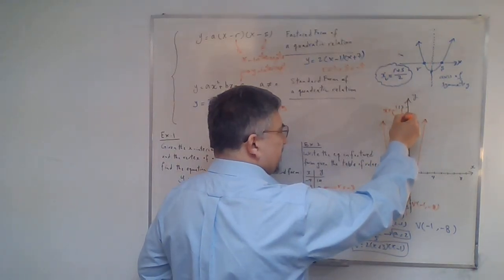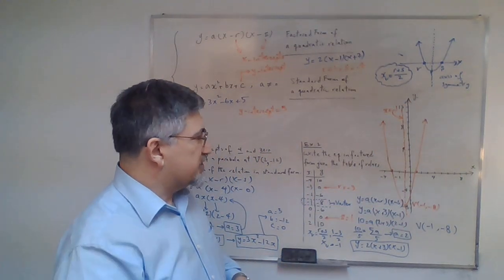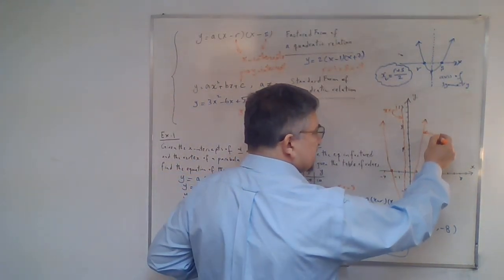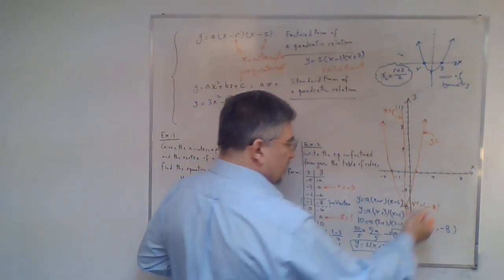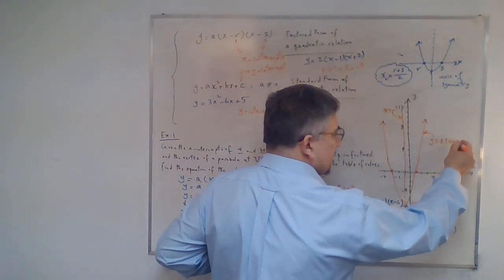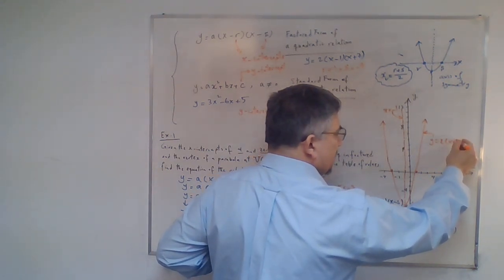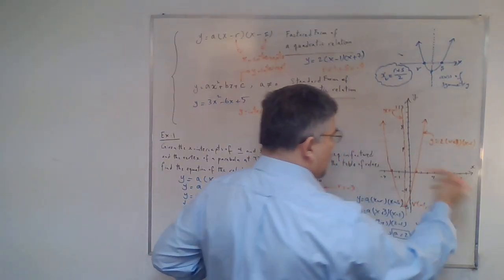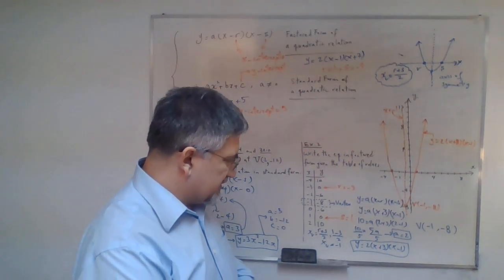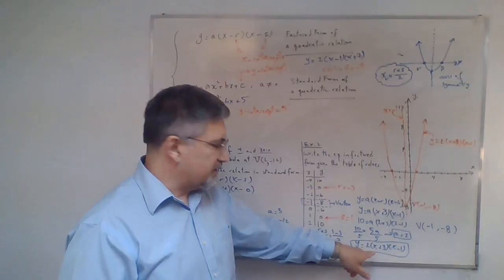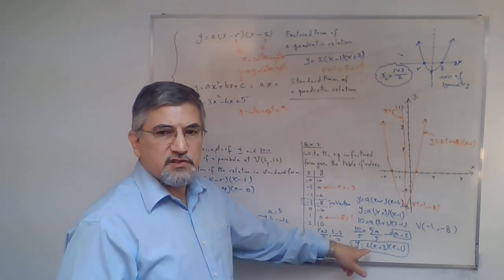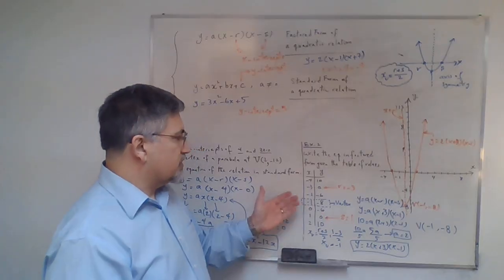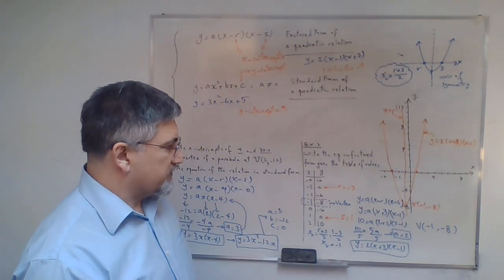I label the vertical line representing the axis of symmetry, and the parabola itself can also be labeled with its equation in factored form, which is 2 times (x plus 3) times (x minus 1). If we want to expand these two binomials and collect like terms, we can also convert this into standard form if necessary, if required. But here, we don't need to do that.